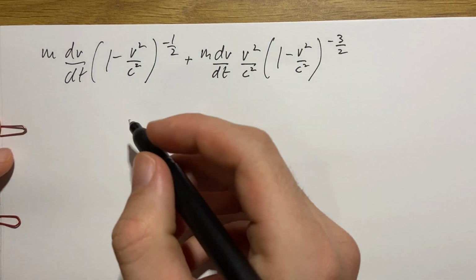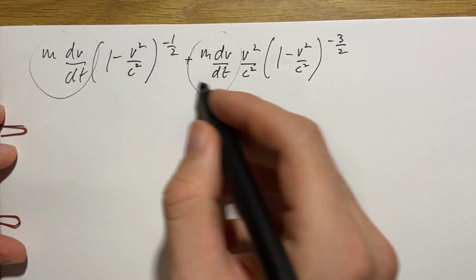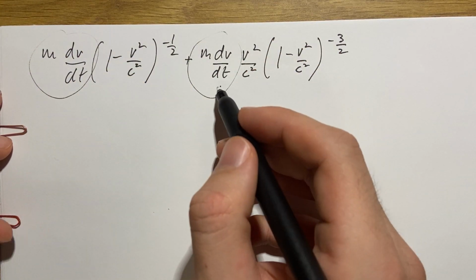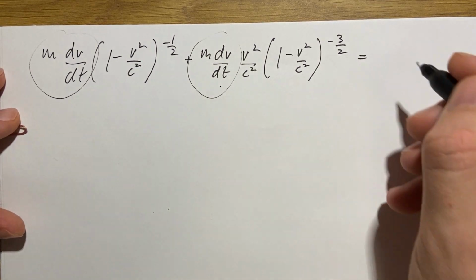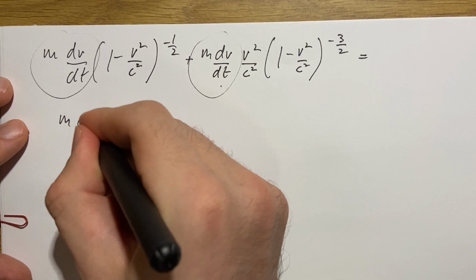Now, as you can see, we have two similar terms here. So let's try and factor these terms out to make this expression a bit easier. So let's factor these out.